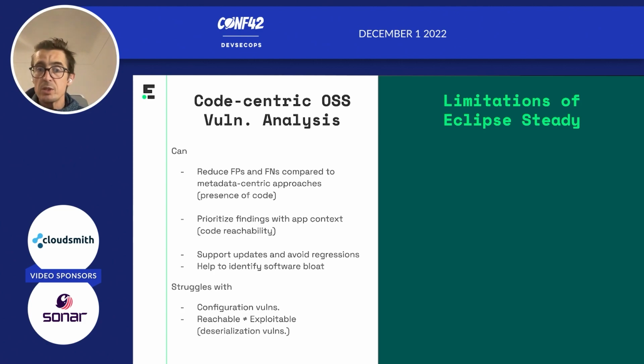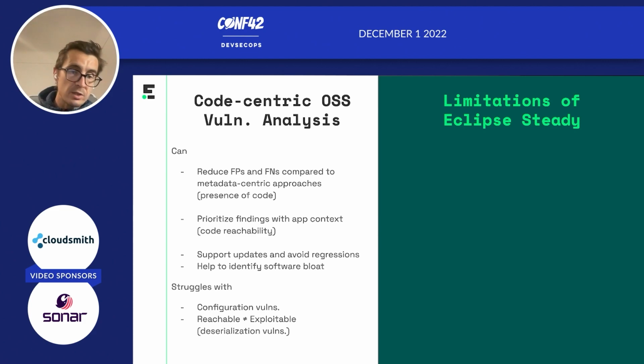They can reduce false positives, compared to all these metadata-centric approaches trying to map names against each other, but also false negatives, because they can cover this phenomenon of rebundling, where classes from one project are rebundled, copied into Java archives or other projects, which would not be found on the basis of mapping names against each other.